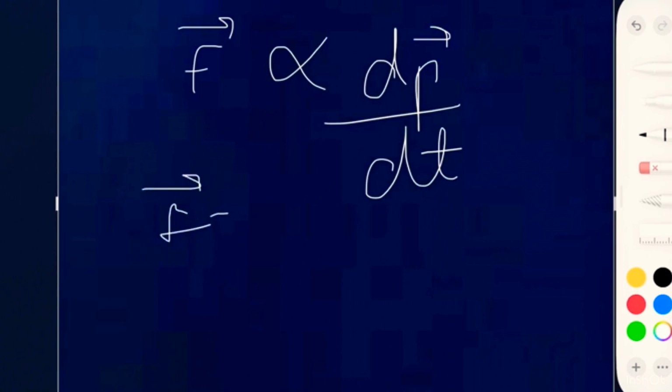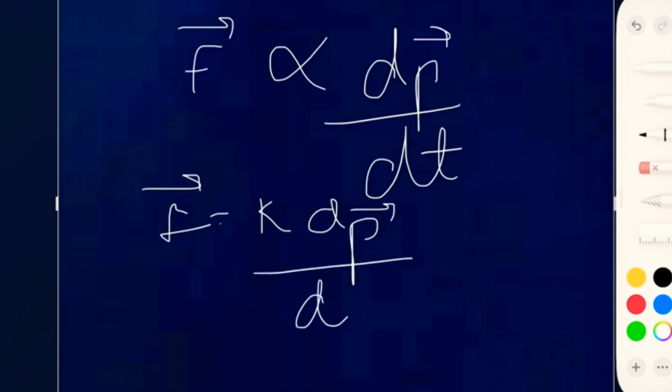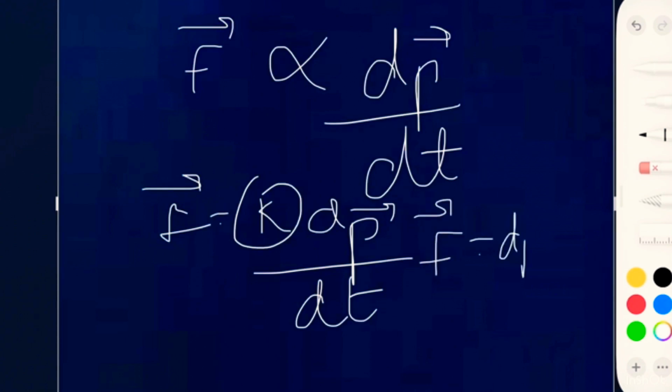So F bar is equal to K dP bar by dt. So the more momentum change, the more force. Less momentum change, less force. That's the concept.